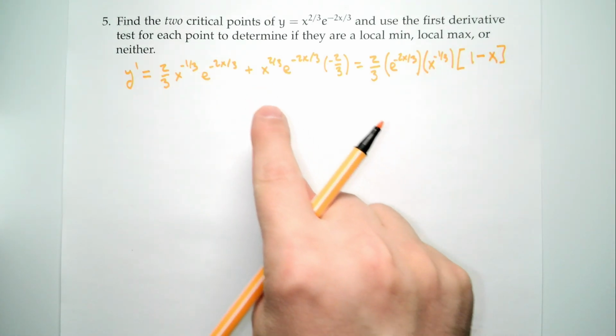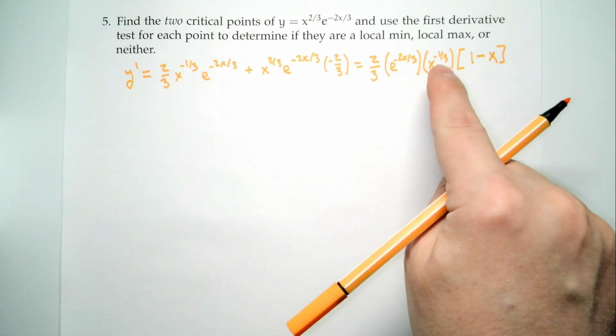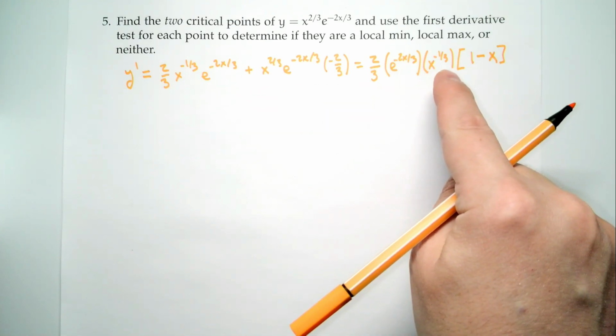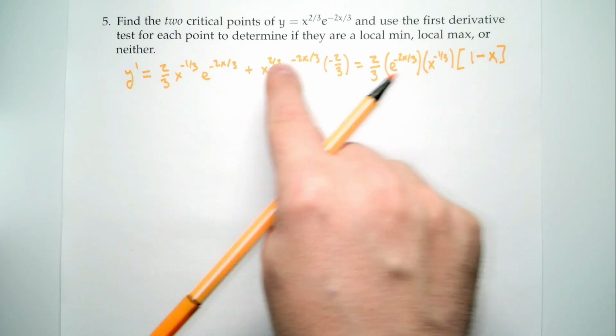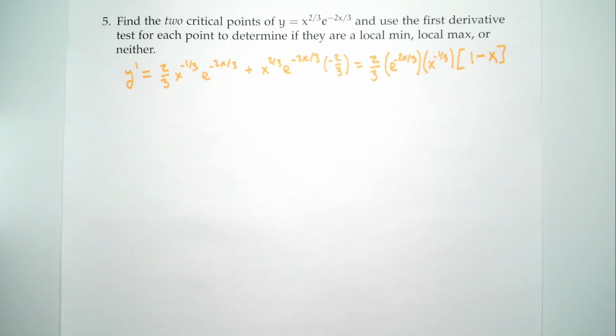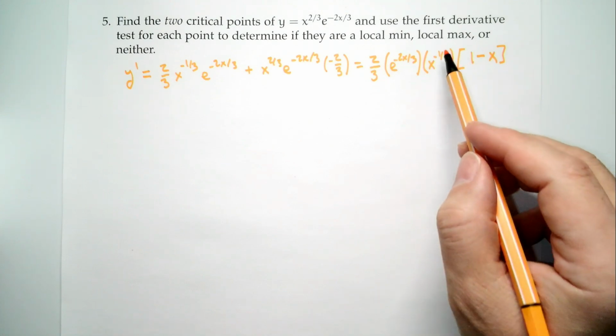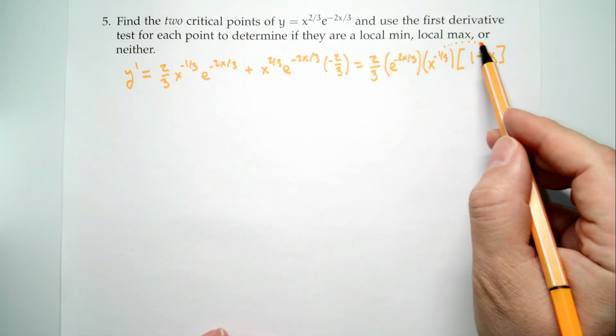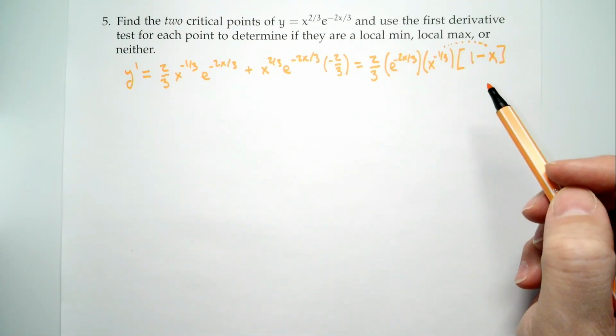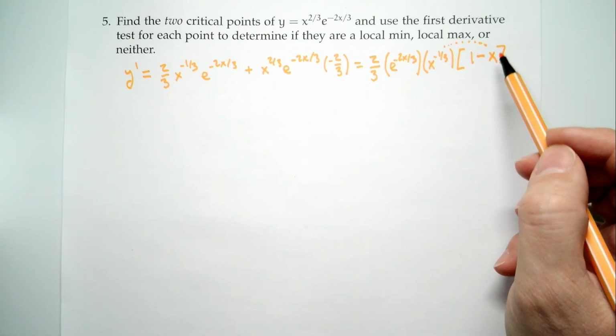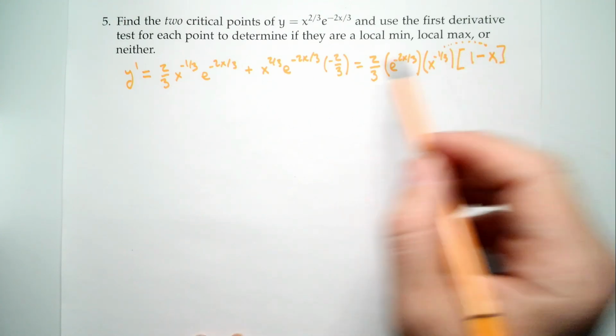Whatever you pull out, you subtract from the exponent. So we take 2/3, subtract -1/3, and that's 2/3 plus 1/3, or 3/3. Another way to convince yourself is to multiply this out. You would get x to the 1 minus 1/3, which is x to the 2/3, which is good.